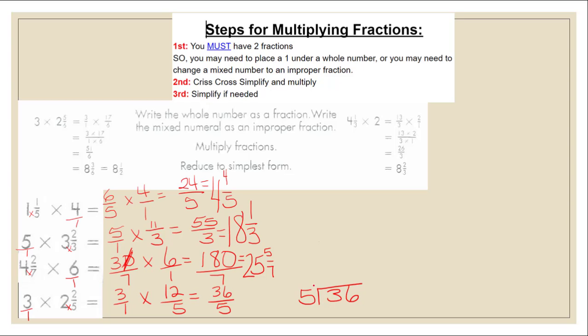What about 5 into 36? Yes, 7 times. Multiply, 7 times 5, 35. Subtract, bring down, nothing to bring down. So I have 7 wholes, 1 left over, my 5.